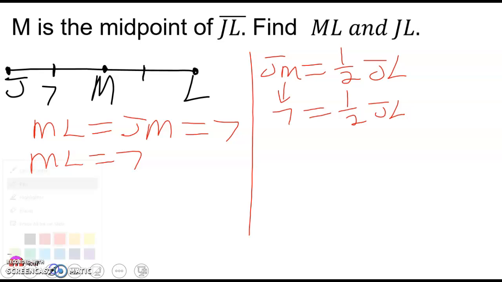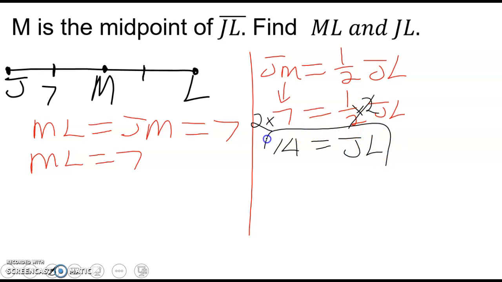We can multiply both sides by 2 to get rid of that. So that would be 14 equal to JL, since the 2 crosses out the 1/2. So JL is 14. And that makes sense because JM is 1/2 of JL, which means JL is twice JM and ML.